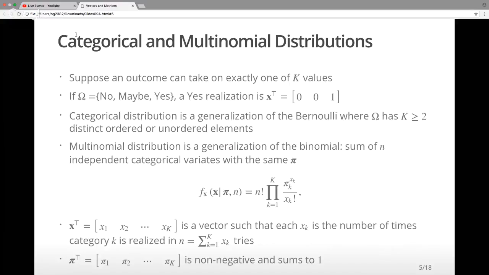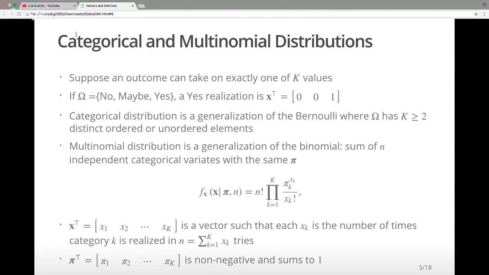You have some probability of being in category 1, some probability of being in category 2, etc., all the way up to some probability of being in category K. These being probabilities, they have to be between 0 and 1. And the sum over all K elements of pi has to be exactly equal to 1. And then we can define the multinomial distribution as the sum of n independent categorical variables that all have the same probability vector pi as their parameter.